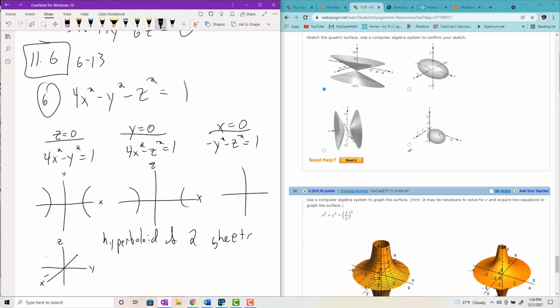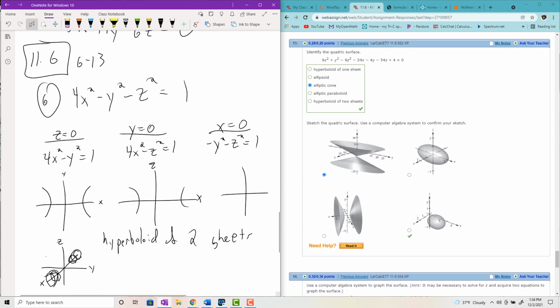So in the xy, you would have something like this. And then the yz, you kind of have something like this. So, yeah, you're ending up with these two kind of bowl-shaped things on either side. So it's a hyperboloid of two sheets. Okay.